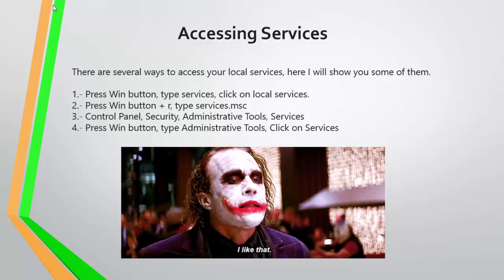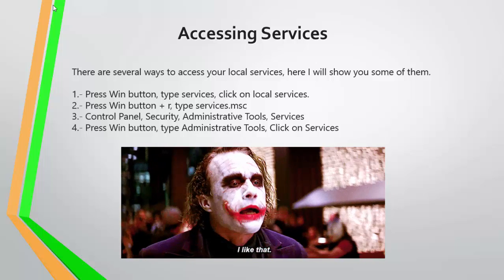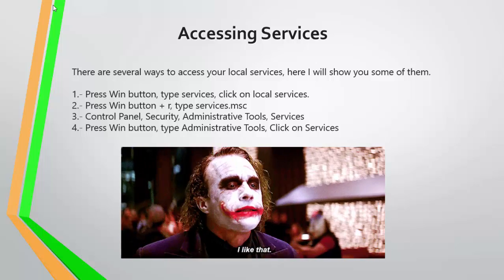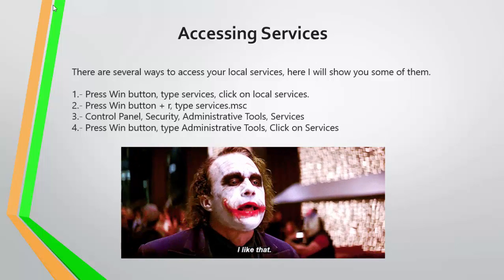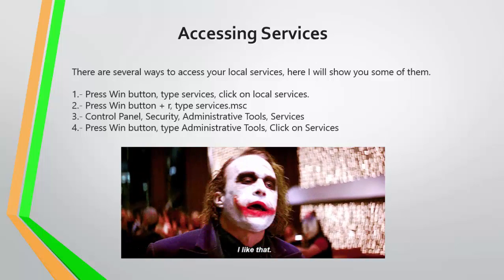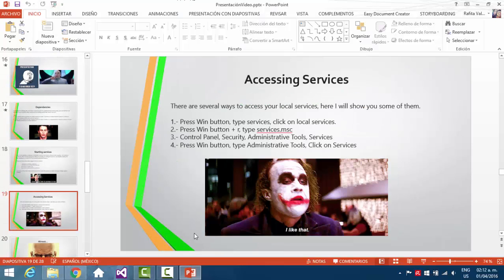Accessing services. There are several ways to access your local services. Here I will show you some of them. Number 1, it says press the Windows button, type services, and click on local services. So here we go.